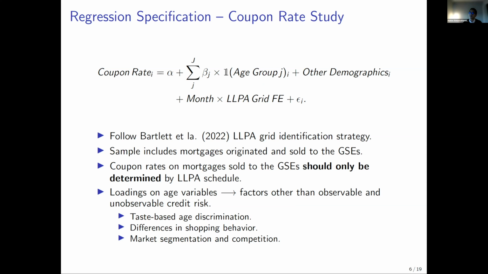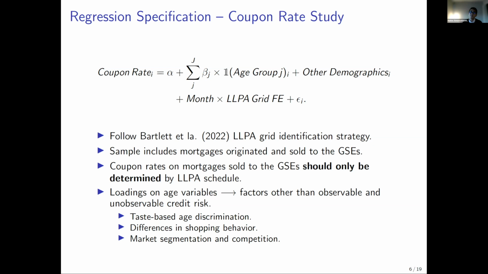So it's just a table of credit score on one axis and LTV on the other axis. And depending on where the particular mortgage falls in that grid, it determines the fees that originators have to give to the GSEs when they sell the loans.